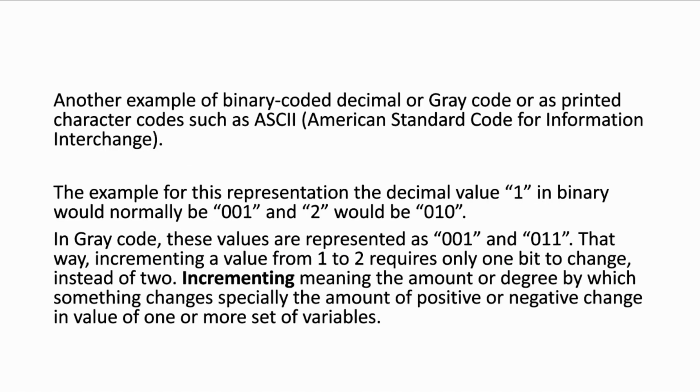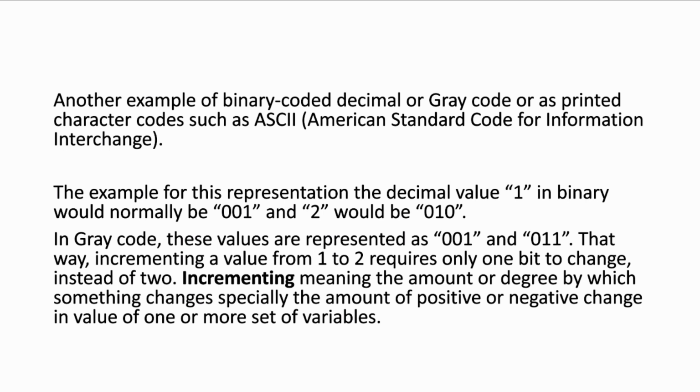Another example is binary coded decimal or Gray code, or a printed character code such as ASCII, the American Standard Code for Information Interchange. For this representation, the value 1 in binary would normally be 001 and 2 would be 010.